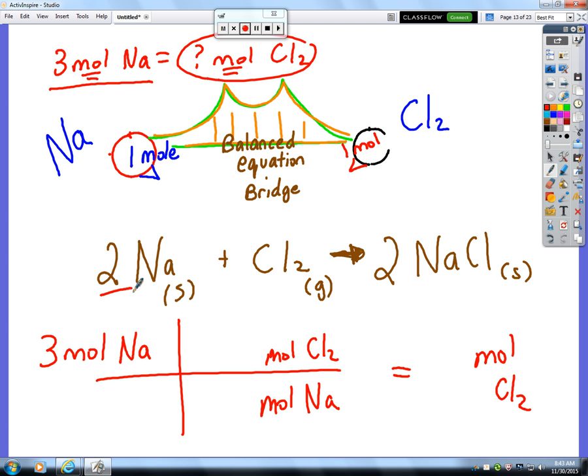I look here and I have 2 moles of sodium, and I have 1 mole of chlorine. And I fill those numbers in on my balanced equation. So when I take 3 times 1 divided by 2, I get 3 halves, or 1.5 moles of chlorine. That's how I do this problem.